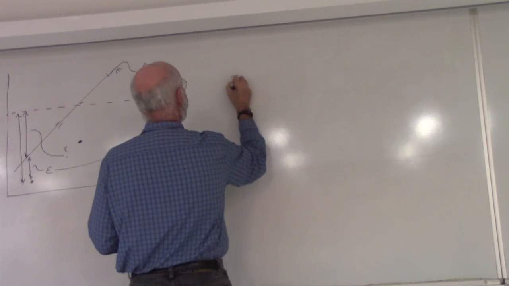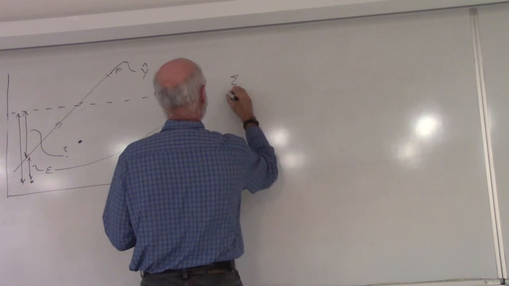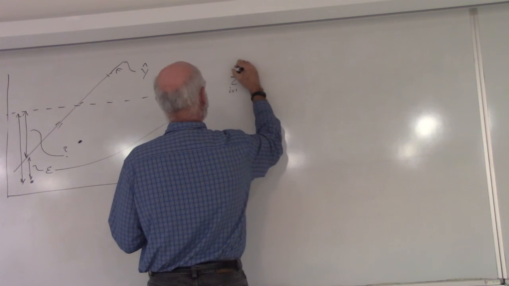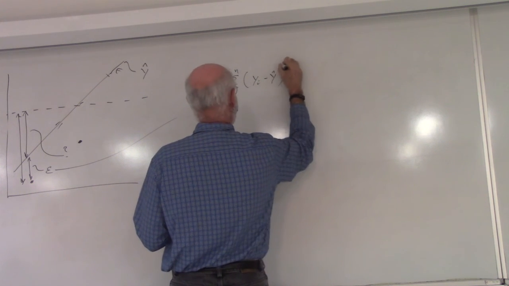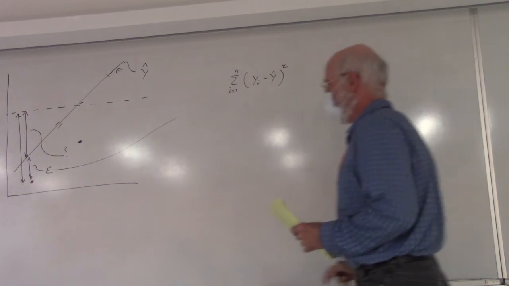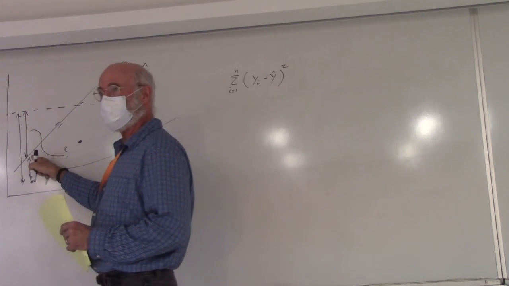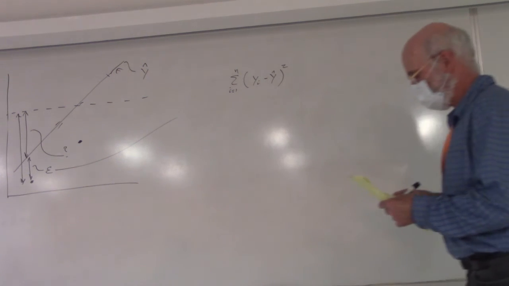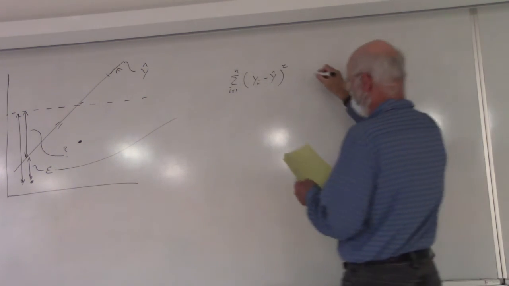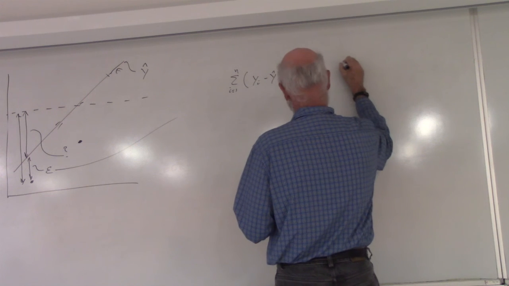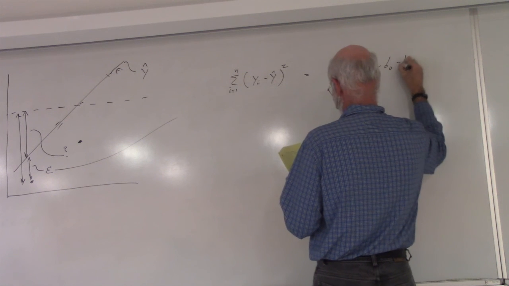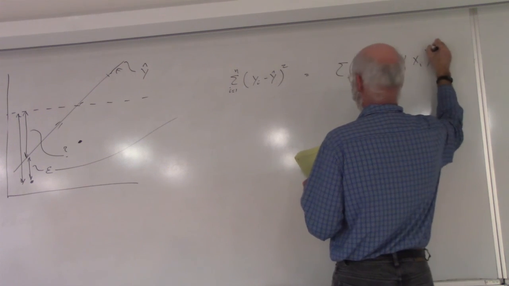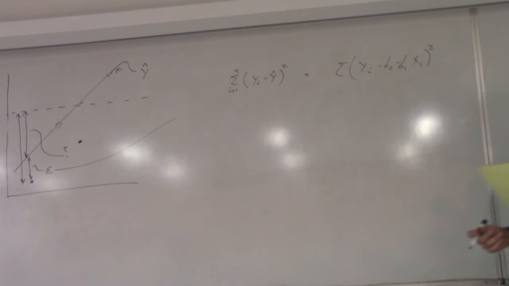The variance associated with that is going to be the sum from i equals 1 to n of (yi minus y hat) squared. That's the deviation of the point around our predicted line, which is equal to the sum of (yi minus b0 minus b1 xi) squared. Hey, did you see that before? Yeah, you did when we wrote the normal equations.